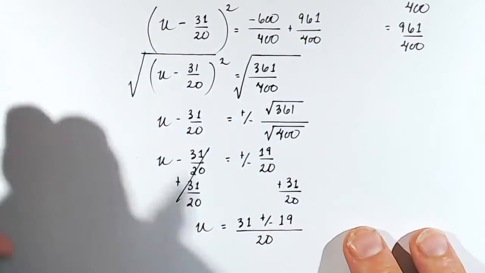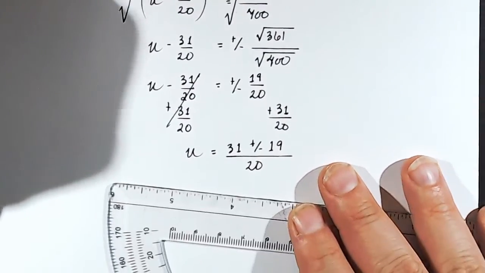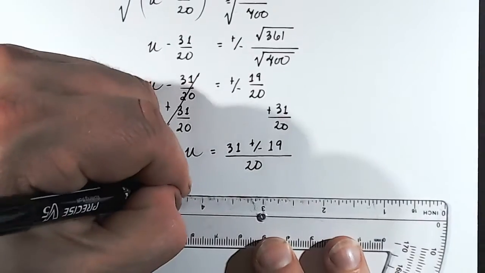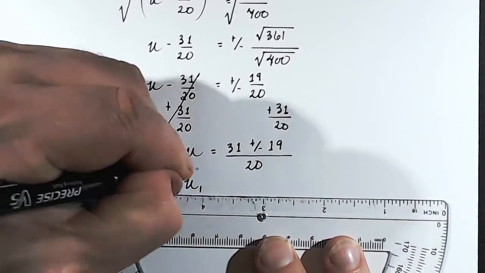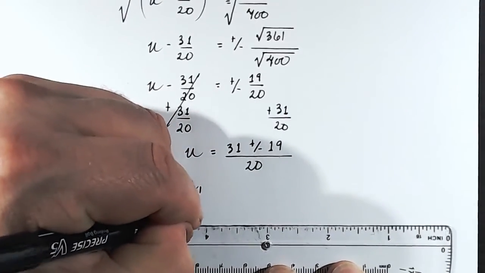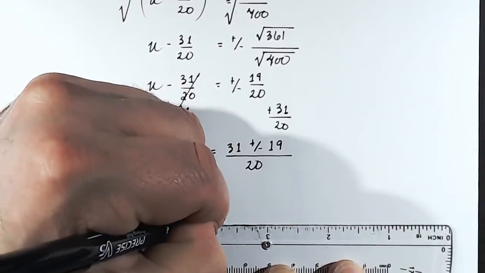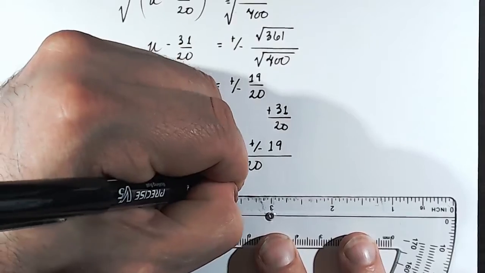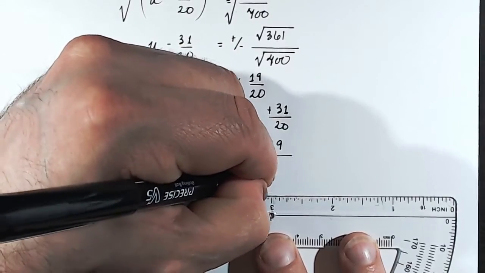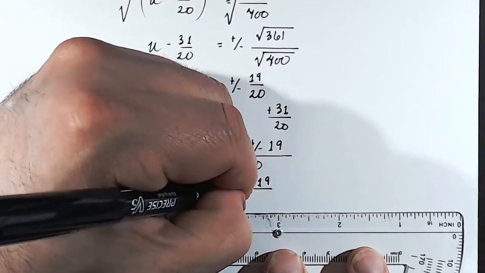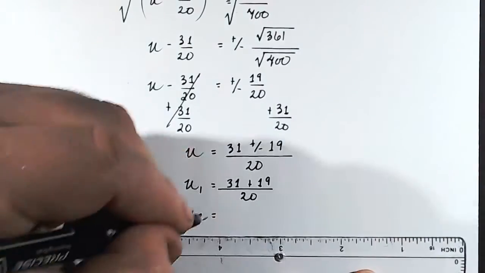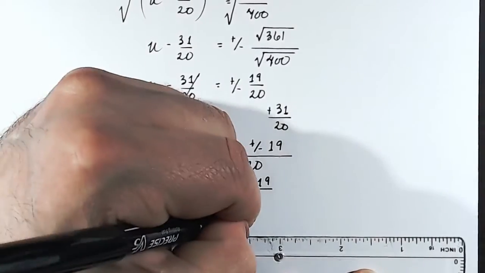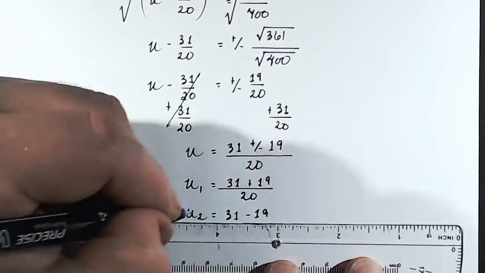So as you see, I'll have two solutions, as you would expect with a quadratic equation. So we'll call one of them u1, and we'll call the other one u2. So let's figure these out. The first one's going to be 31 plus 19 over 20. And the second one's going to be 31 minus 19 over 20.